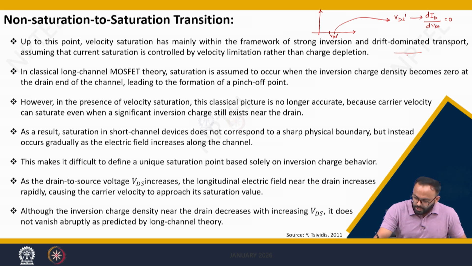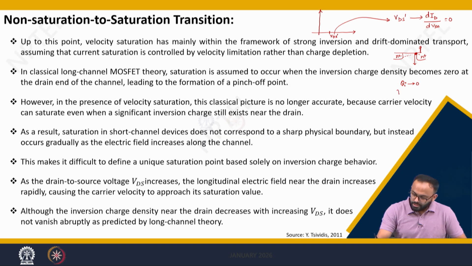If we have source and drain, when you increase the drain voltage, along the channel the charge will be tapered, right. It means near the drain the charge will go to its minimal value, and exactly at the drain end the pinch off occurs and the inversion charge should go to 0.